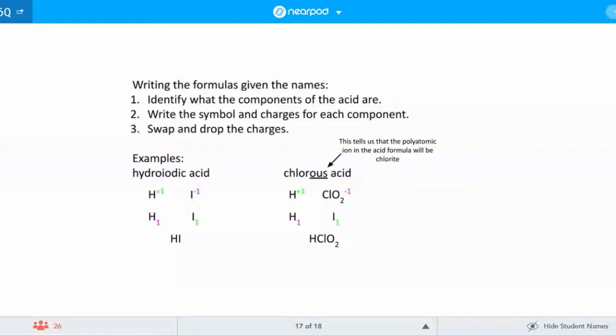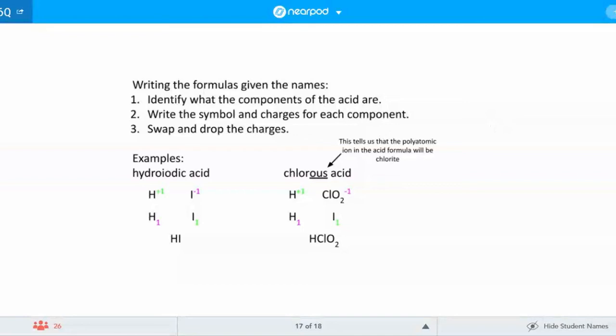Those are pretty straightforward. When we take a look at one that includes a poly, it's really important to understand those endings, those suffixes. So if we were given the acid chlorous acid, we know that the hydrogen in the acid is bonded to chlorite.